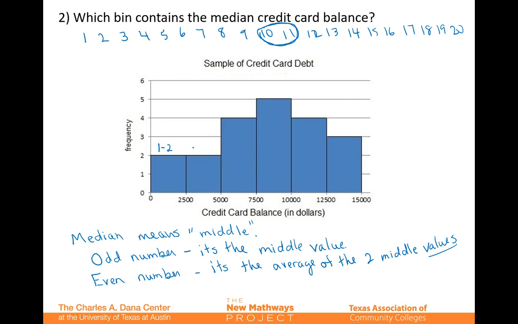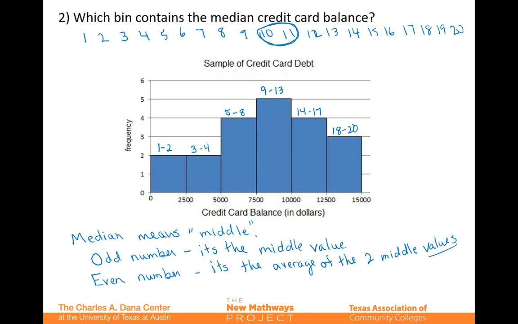This is 2 more values, so this is 3 to 4. This is 4 values. This is 5 to 8. This is 5 values, so this is 9, 10, 11, 12, and 13. This is 4 more values, so 14, 15, 16, 17. And then finally, this is our last 3 values, 18, 19, and 20.